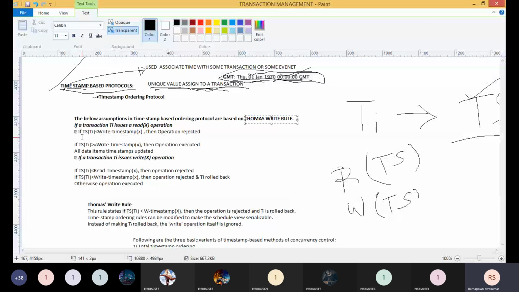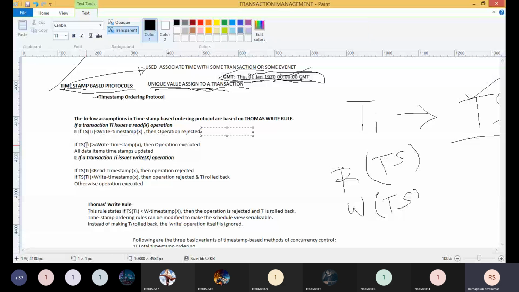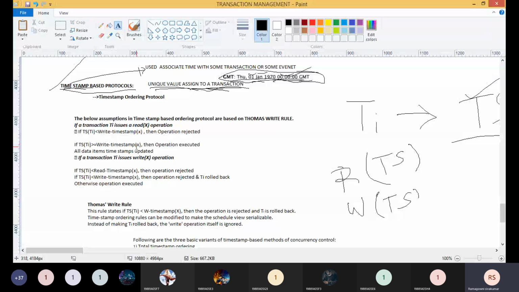If the timestamp of Ti is less than the write timestamp of X, then the operation is rejected. Second rule: if the timestamp of Ti is greater than or equal to the write timestamp of X, then the operation is executed.